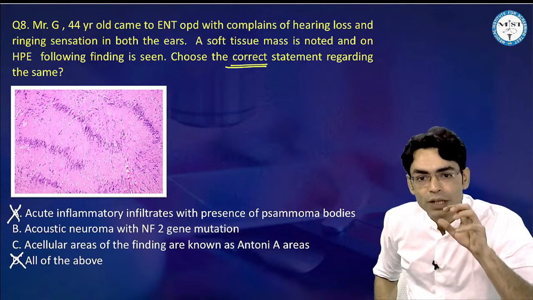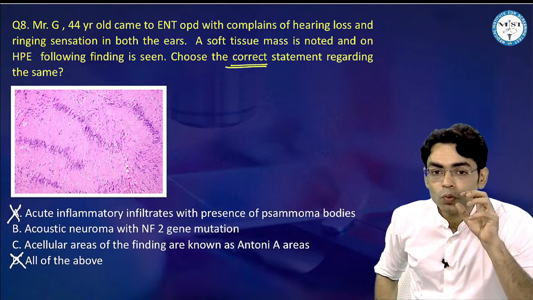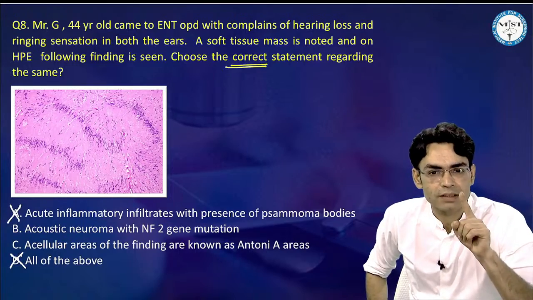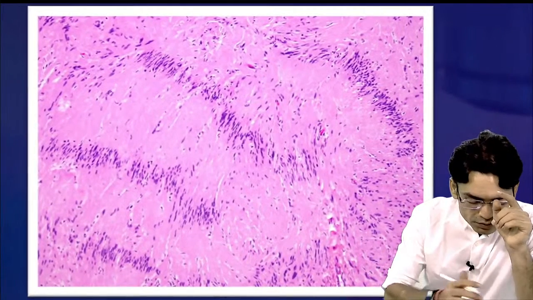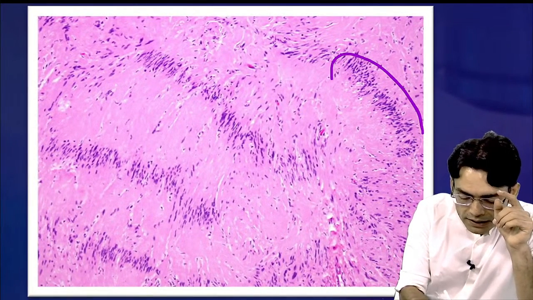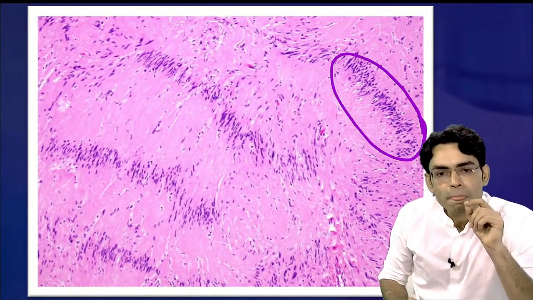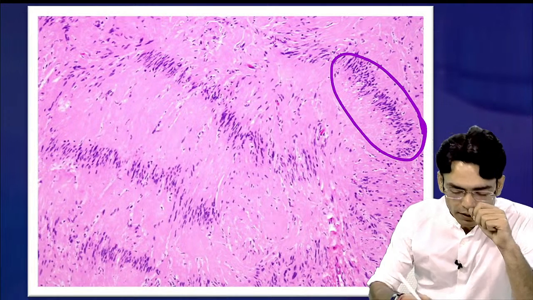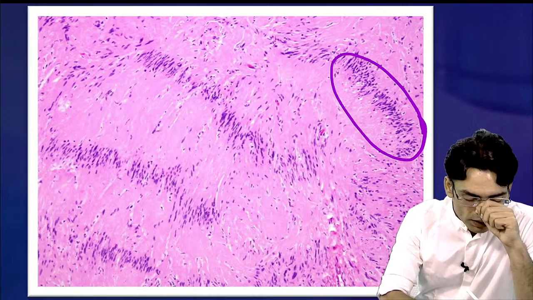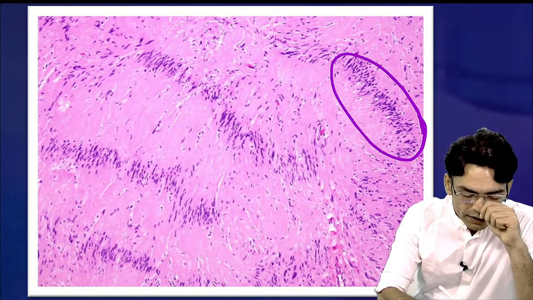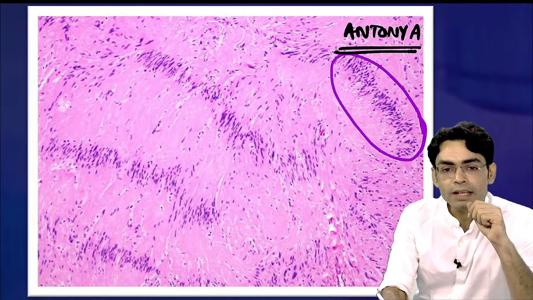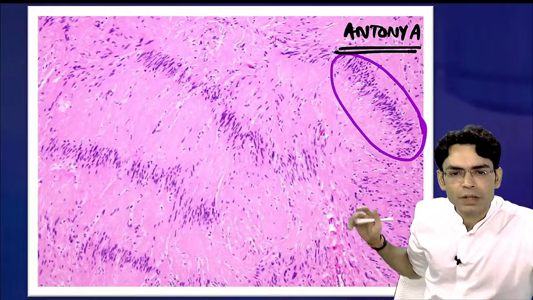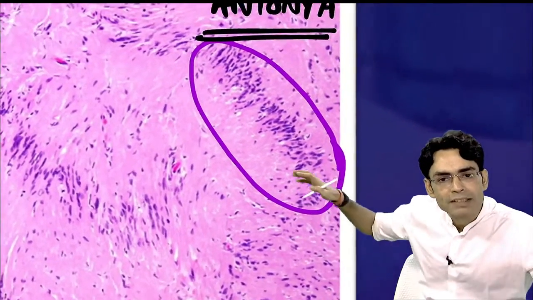Now in this, when you take a biopsy, you see 3 areas here. Let me zoom it for you. These are highly cellular areas. What are they called? These highly cellular areas are called Antoni A. Why am I saying these are hypercellular?